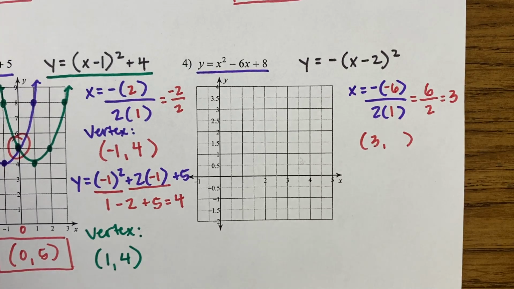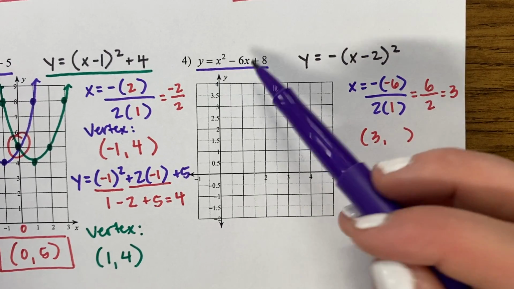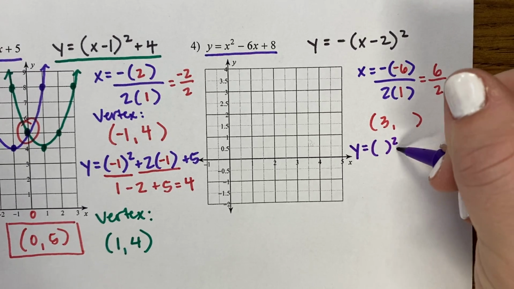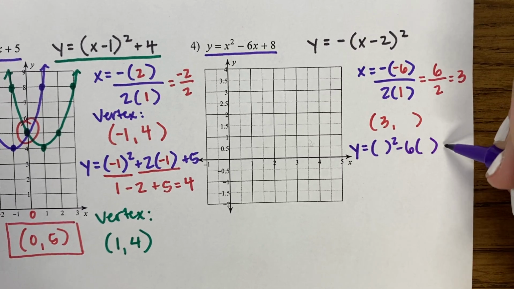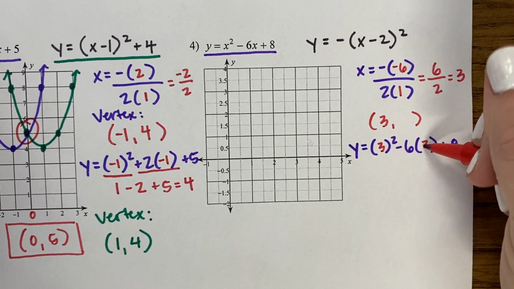Now I just need the y part. So I'm going to take that positive 3 that we found for x, and I'm going to plug it in everywhere I see an x in my quadratic equation. So y is equal to x squared minus 6x plus 8. And everywhere that x was, I'm just going to put my positive 3 that I found.